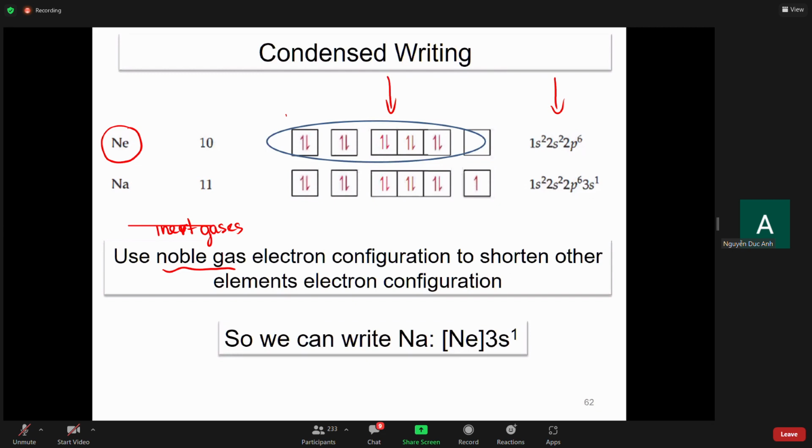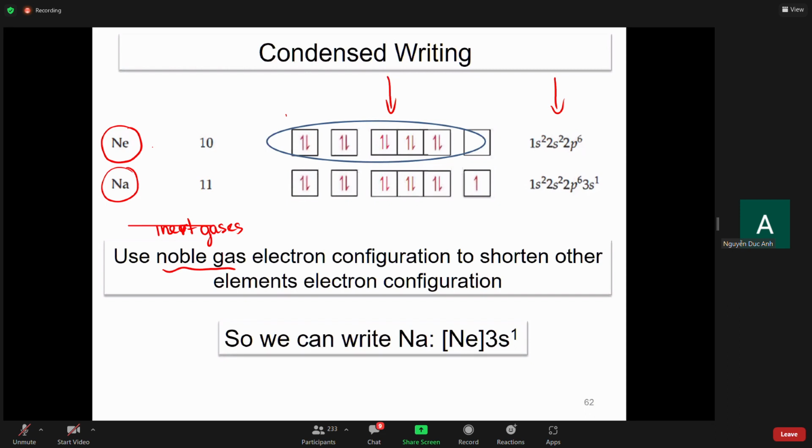Normally we use the electron configuration of the closest smaller noble gas to shorten the electron configuration of the other elements. For example, neon is a noble gas, and sodium is a little bit bigger than neon, so neon is the closest one for sodium.